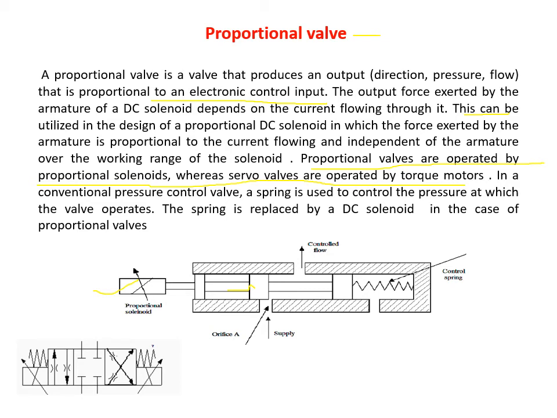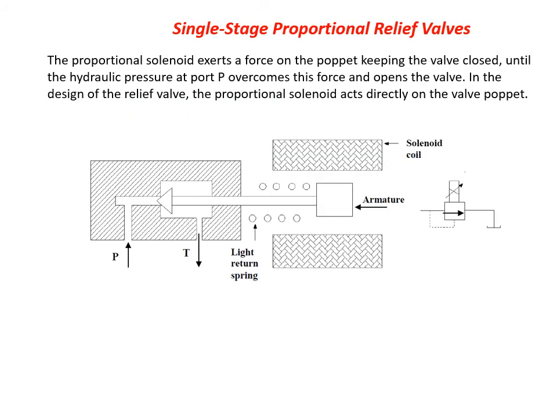So this diagram indicates the construction of a proportional valve. You can see there is a proportional solenoid which is governing this valve spool. This is a symbol for a servo valve. This is a symbol for a proportional valve. This particular diagram will show you a simple proportional relief valve.